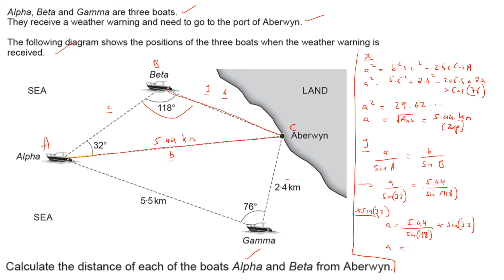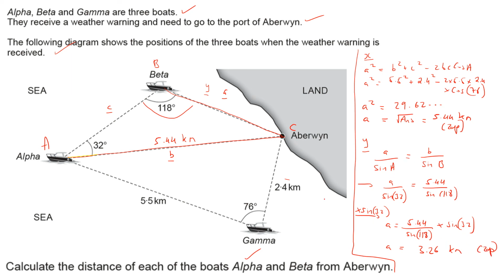On the calculator, fraction 5.44 over sine 118 times sine 32 gives me A is 3.26 kilometers to 2dp.